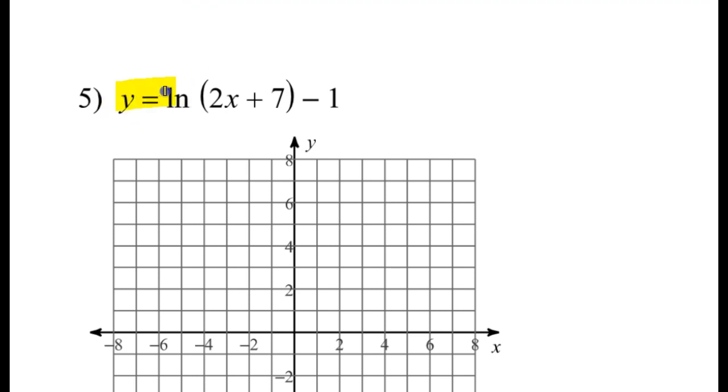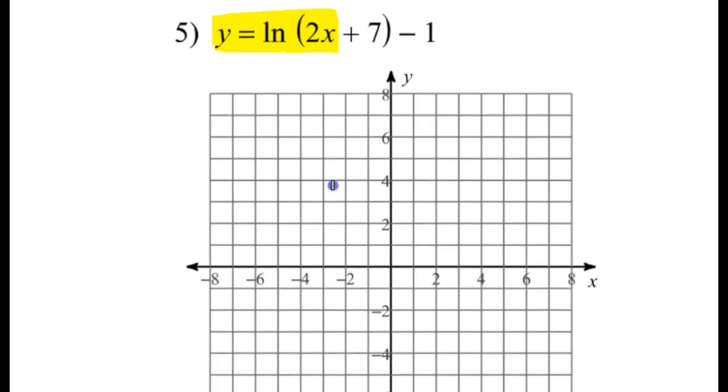I'm going to treat y equals natural log of 2x as the parent function, which does include the horizontal compression in it. But what I'm not going to do is the plus 7 and the minus 1. I will do that on the graph itself.